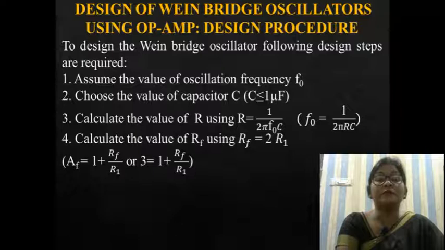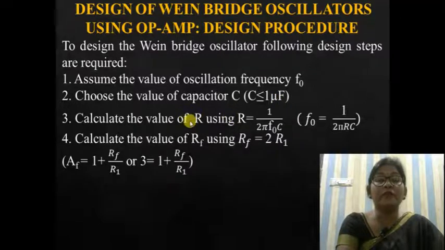To design the Wien bridge oscillator, the following design steps are required. First, assume the value of the oscillation frequency f naught. Second, choose the value of capacitor C, which will be less than or equal to 1 microfarad. You can choose any value of C that is less than or equal to 1 microfarad.